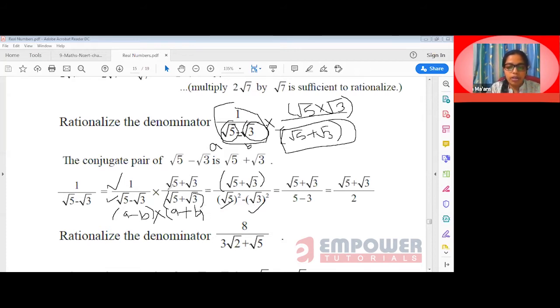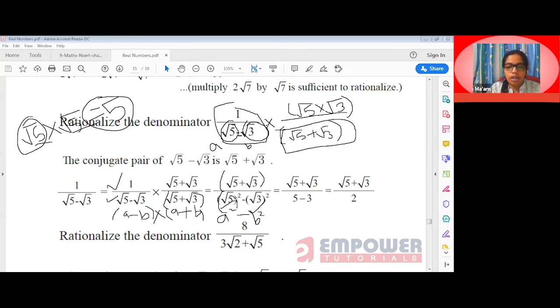Because the rationalizing factor of root 5 is root 5, if I multiply root 5 with root 5, I will get 5, right? I want to convert this root 5 into 5 form, and this will only happen when I take a square of it. That's why we are converting this a minus b form into a square minus b square.